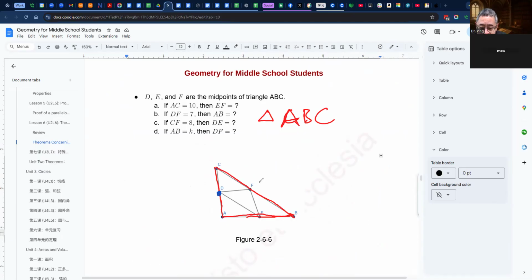D is a midpoint, F is a midpoint, and E is a midpoint. So D, F, E, and we got A, B, C. If AC here is 10, what's EF?